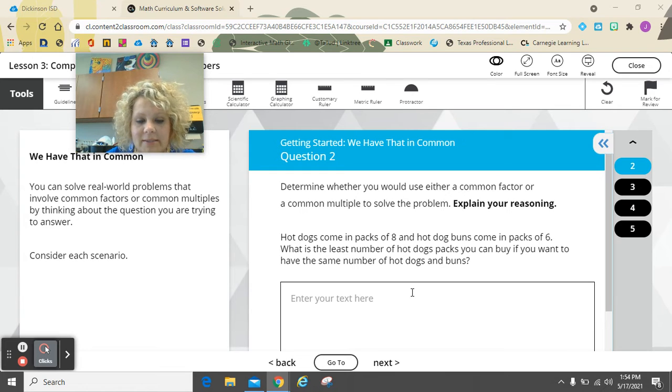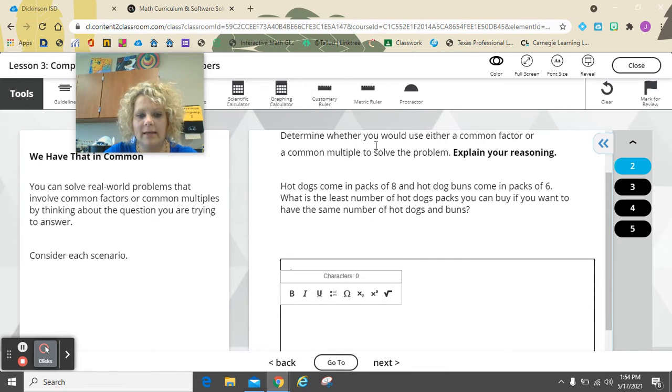So we have hot dogs, and they come in packs of 8, and hot dog buns come in packs of 6. What is the least number of hot dog packs that you can buy if you want to have the same number of hot dog buns? Well, it's talking about the least number. So in that case, least common multiple is what comes to my mind.